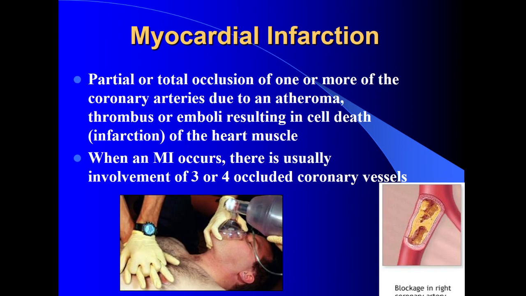What is myocardial infarction? The partial or total occlusion of one or more of the coronary arteries due to an atheroma, thrombosis, or embolization resulting in cell death, infarction of the heart muscle. When a myocardial infarction occurs, there is usually involvement of three or four occluded coronary vessels.